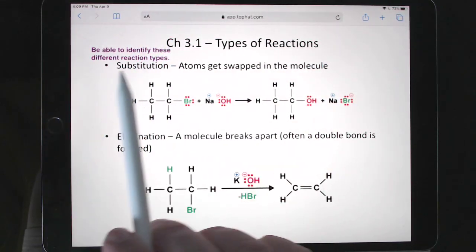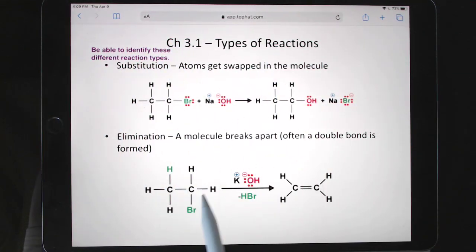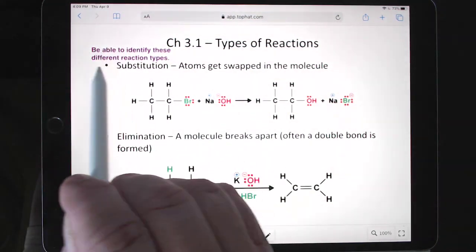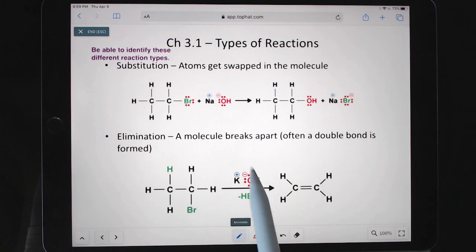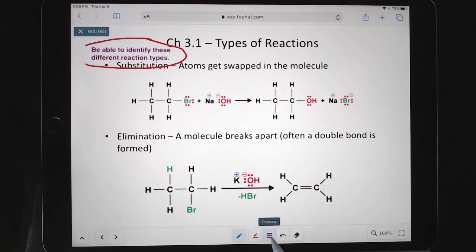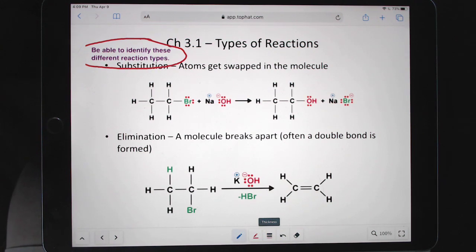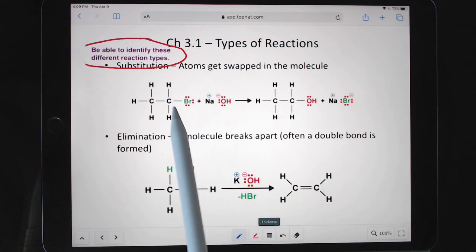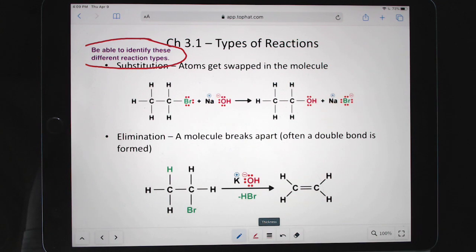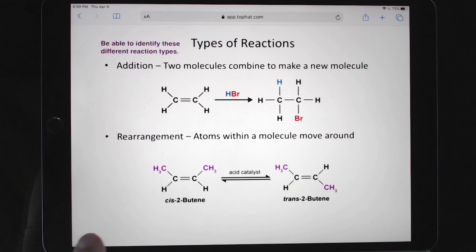For these types of reactions, if you get a question about the reaction with two substrates, you need to be able to tell whether it's a substitution, elimination, addition, or rearrangement.